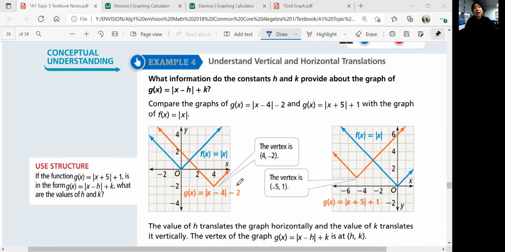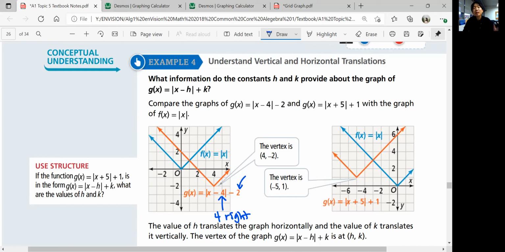This is g of x equals absolute value of x minus 4 minus 2. And this is g of x equals absolute value of x plus 5 plus 1. So you can already know that's a horizontal translation 4 units to the right.